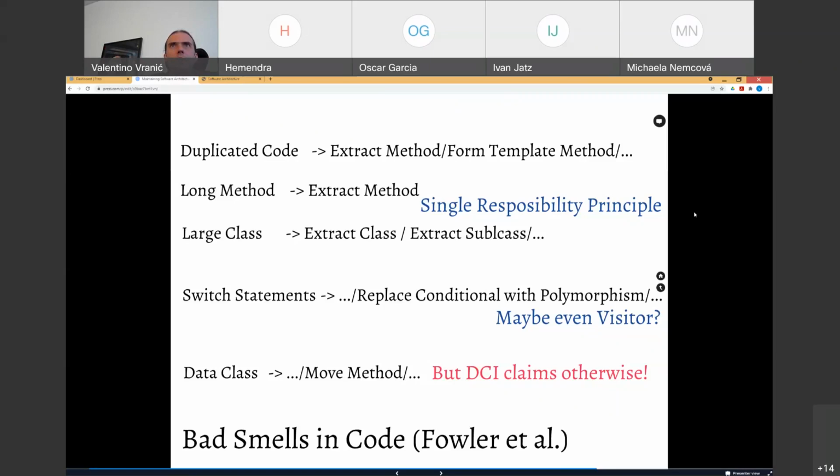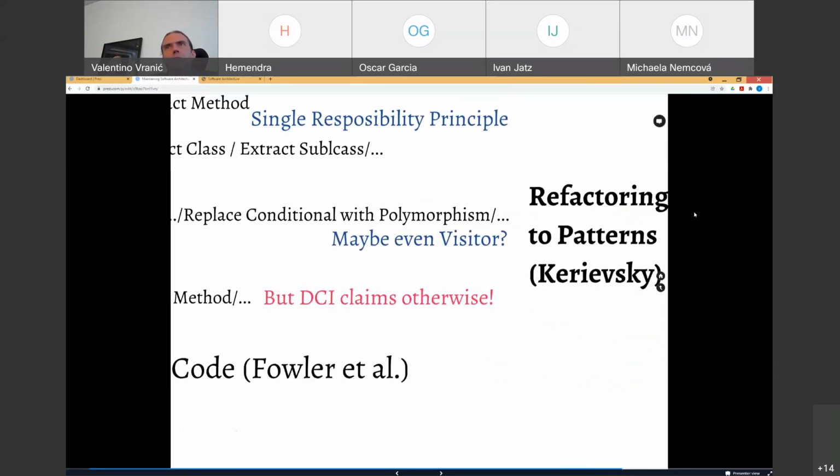So bad smells in code, and there's a step further to this, because you see, we even came here to the idea of visitor, or at least me, but I'm not the only one. This smells like patterns to some extent.